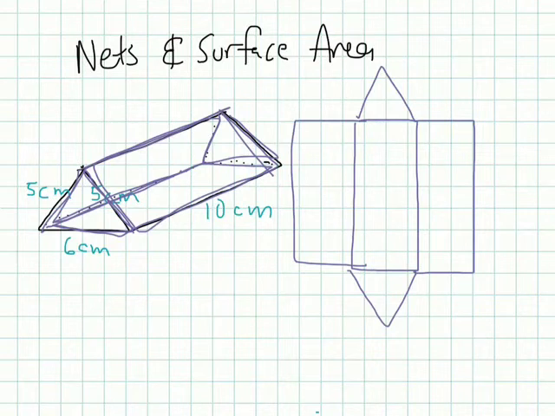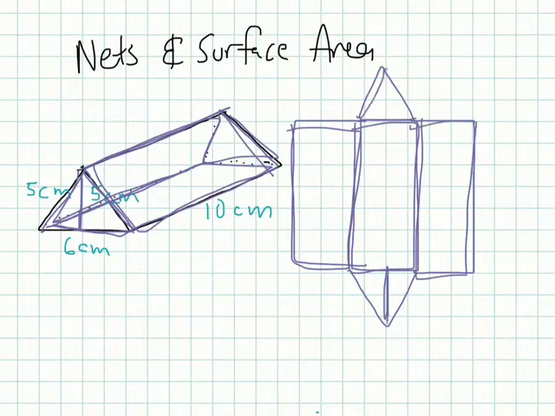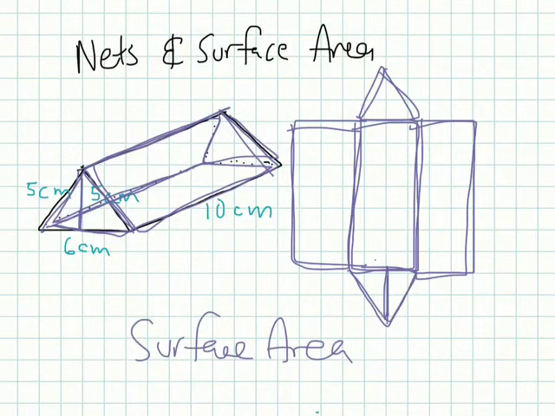We'll solve one for surface area later. To do this, we would need the height of a triangle. But you could find the area of this rectangle plus the area of this rectangle plus the area of this rectangle, plus the area of these 2 triangles, and that would be your total surface area. Let's look at the next slide.